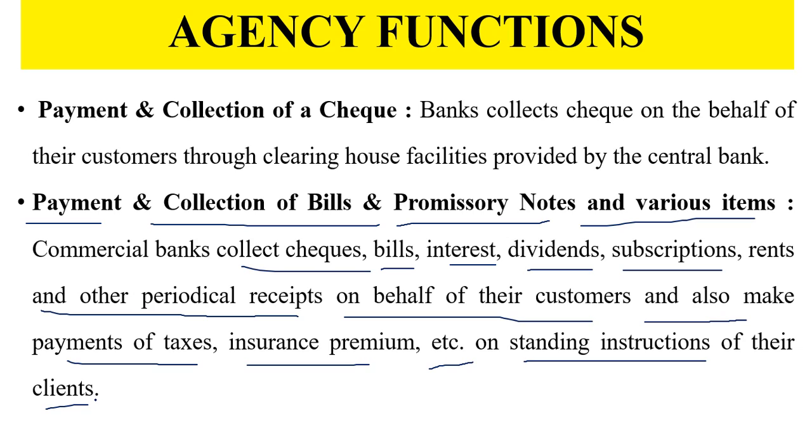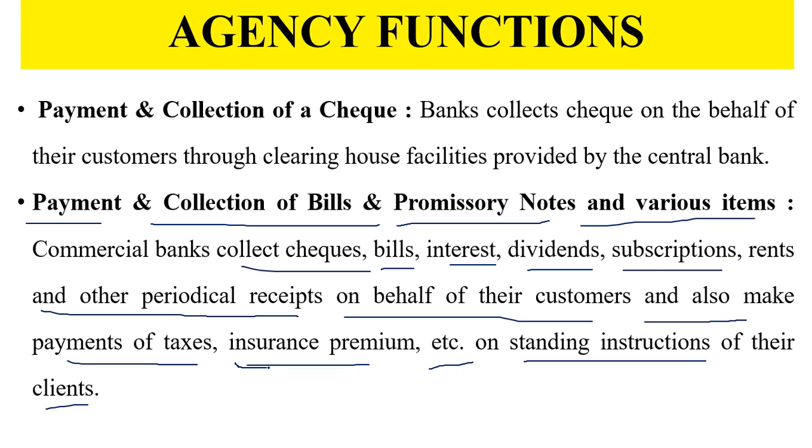Now for example, you have an insurance policy, and you have to pay the insurance premium. So what will you do? You will tell your bank to set up an auto debit system. Suppose the insurance premium is due on 10th of November. If you forget to make the payment on 10th of November, you simply give instructions to your bank to auto debit your premium.